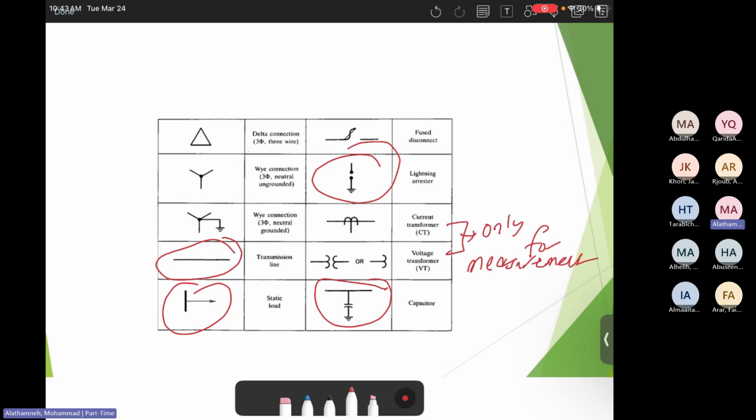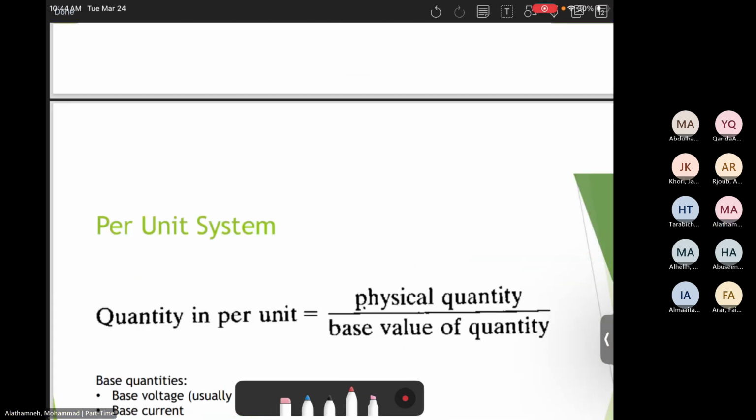So you will find them at the beginning of each substation to measure the current and the voltage. Then it will go to the SCADA system, then to the control room, and then they can know the voltage and the current. If there is high voltage, then the overvoltage protection will work. If there is a high current, then the overcurrent protection will work to protect this equipment.